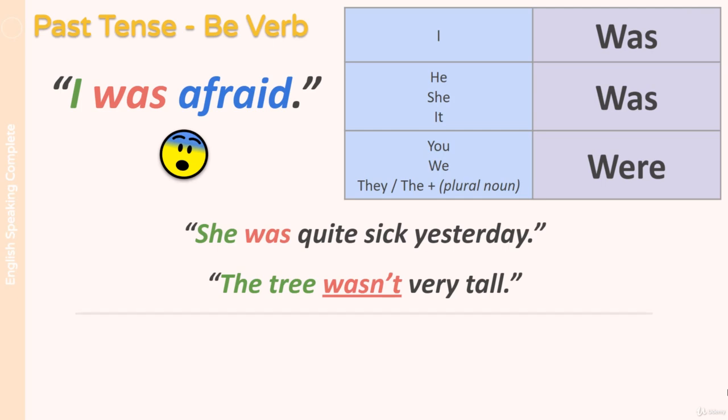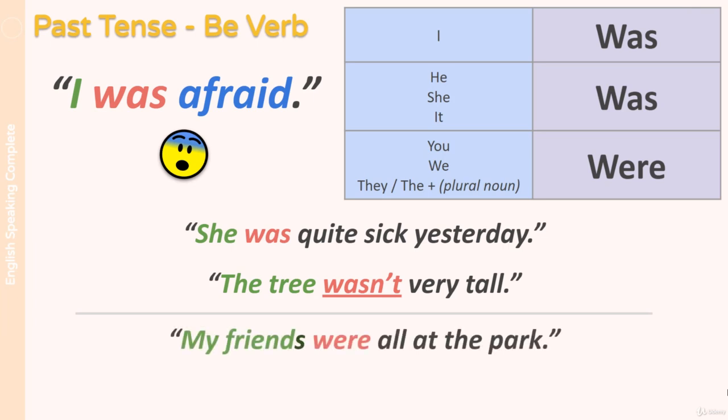Okay, so we've seen was. How about were? My friends were all at the park. So here we have the subject pronoun friends. And this is, of course, plural because we've added the S. Here we have the negative contraction of were.